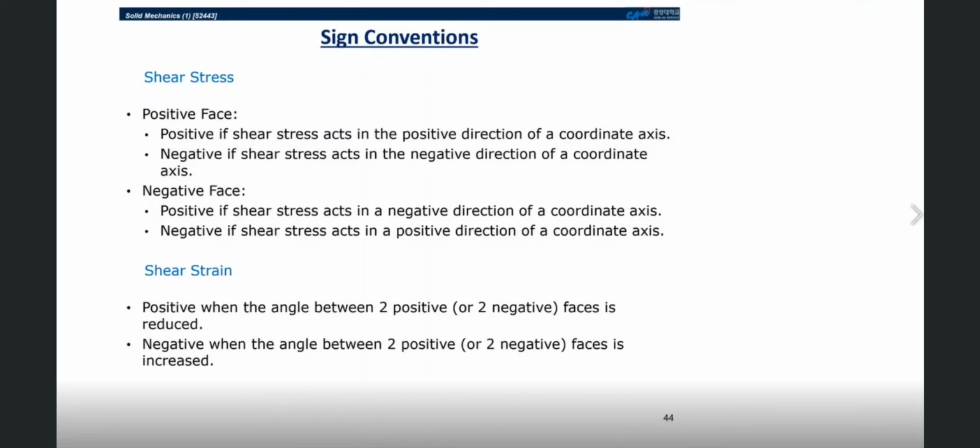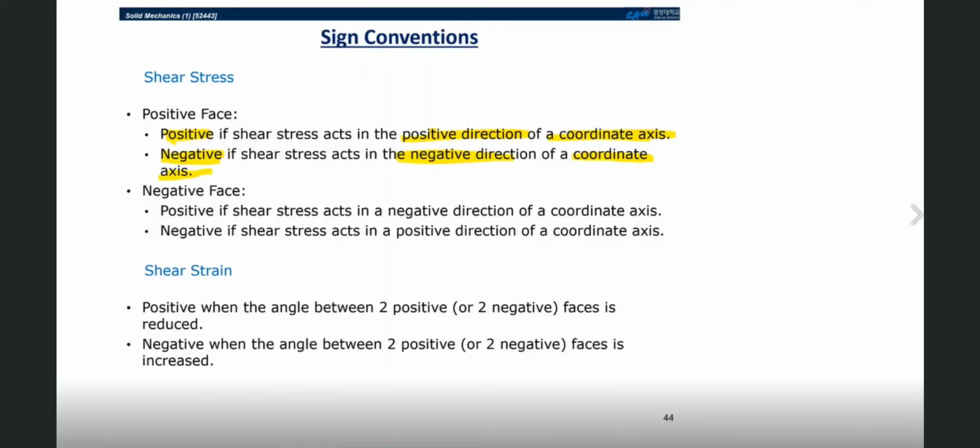Now we consider the positive face. The stress component is positive if shear stress acts in the positive direction of a coordinate axis, right? And the stress component should be negative if shear stress acts in the negative direction of a coordinate axis.